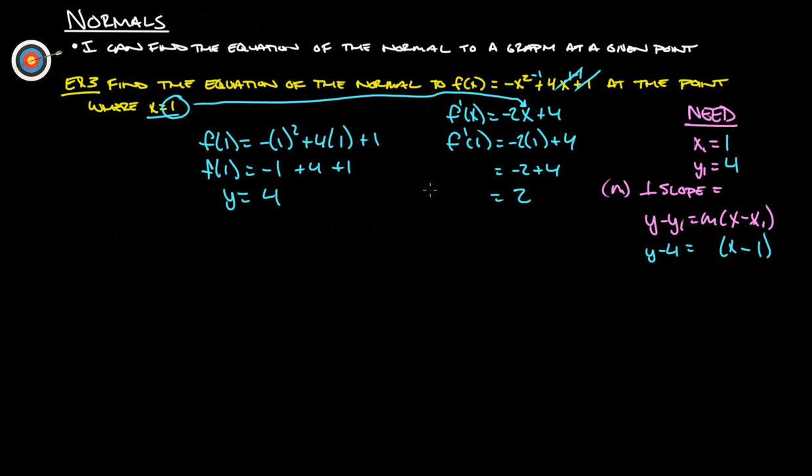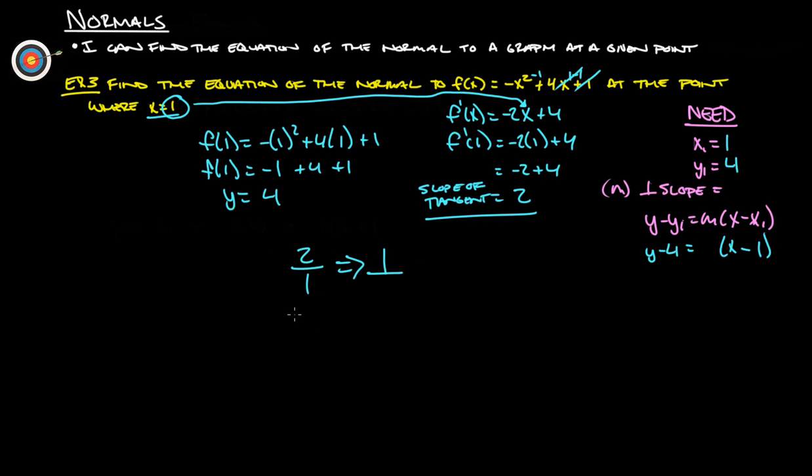So our slope of the tangent equals 2. Now, to find a perpendicular slope, if our regular slope is 2, let's put that as 2 over 1, then our perpendicular slope, which is signified by an upside down capital T, because that makes a little perpendicular line, is mathematically called the inverse reciprocal.